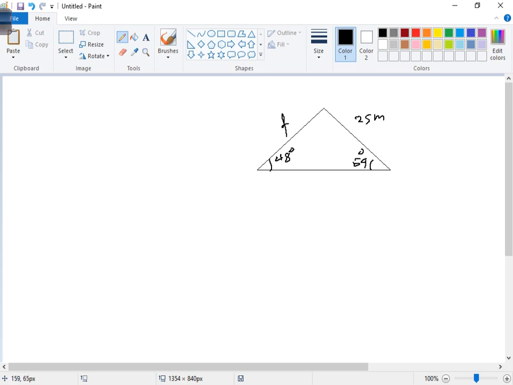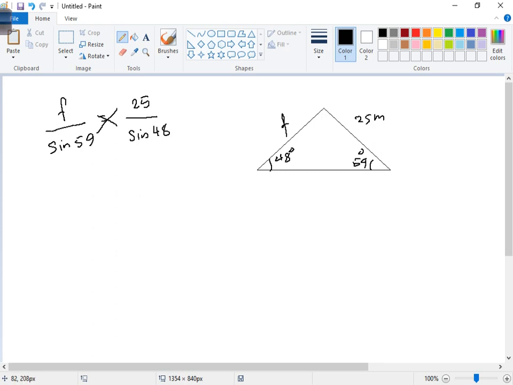So we say F divided by sine 59 is equal to 25 divided by sine 48. We cross multiply.